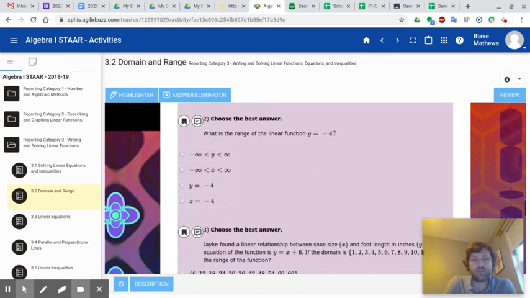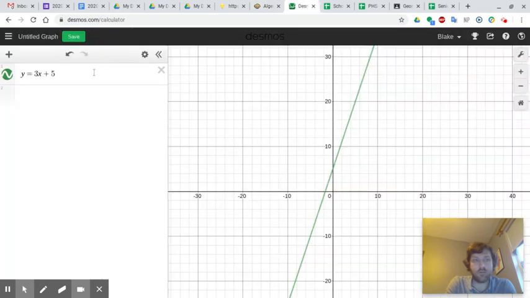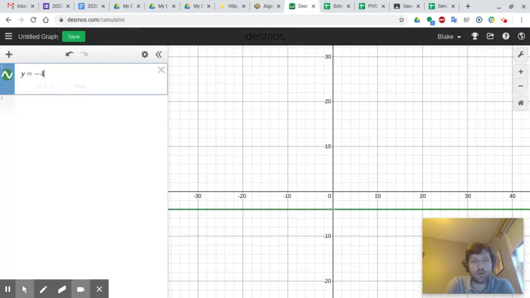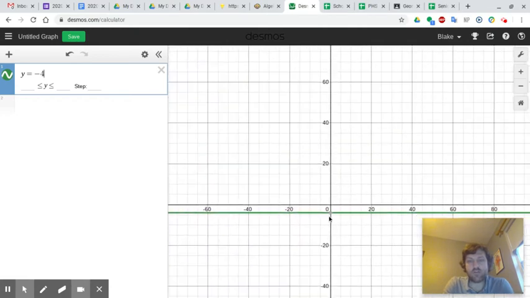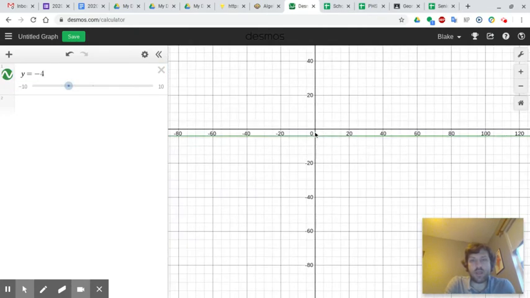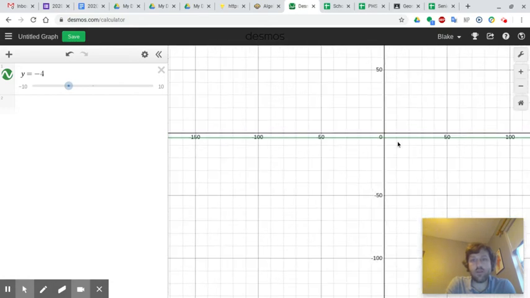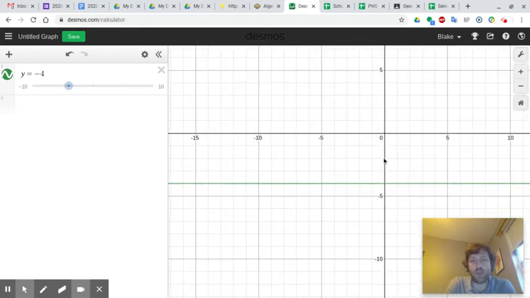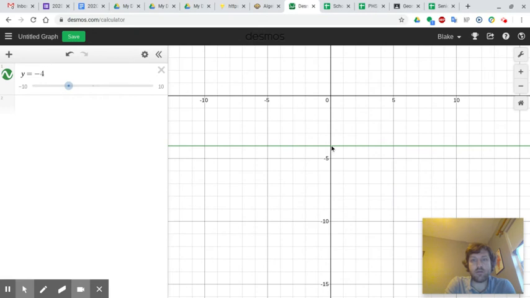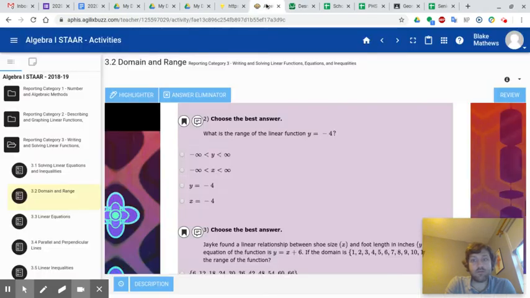All right, then it says, what is the range of the linear function y equals negative 4? Let's type that in. That's a different one. Now there's something strange about this one. It does go forever in the horizontal, in the x, in the domain direction. But when it comes to the range, it's not going anywhere.